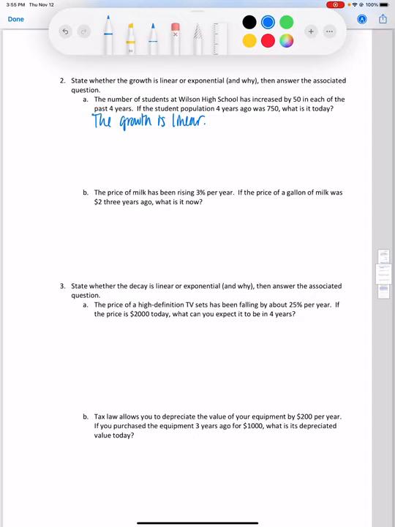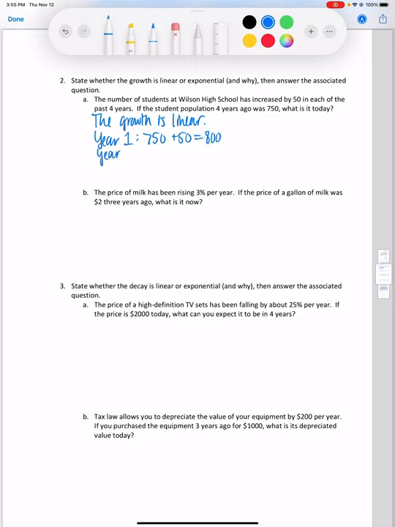So in year 1, we're going to track the number of students at the school. Year 1, it was 750. I'm going to add 50, and then at the end of year 1, it is 800.